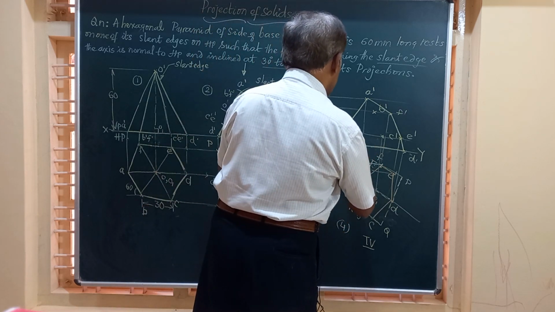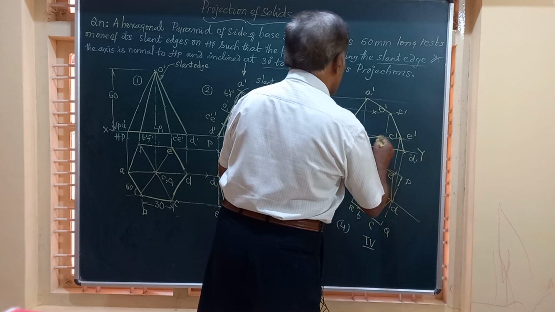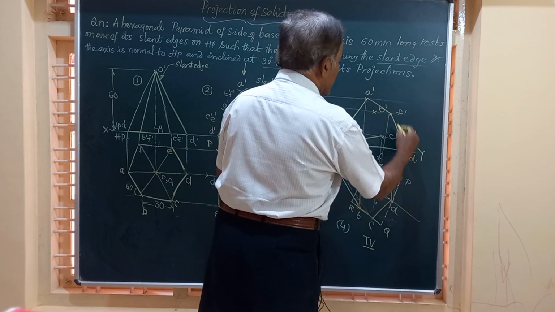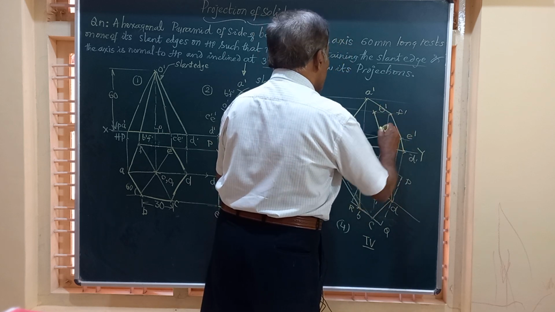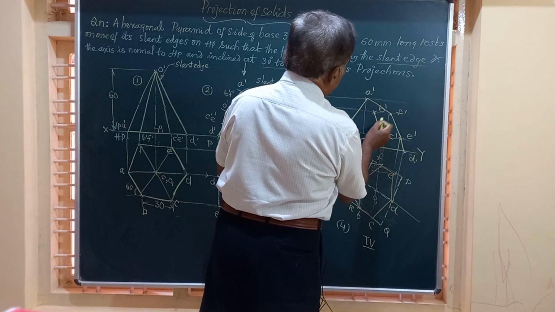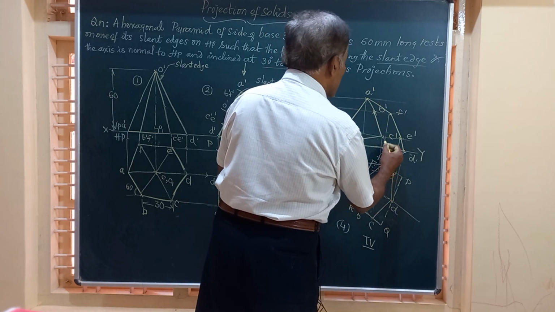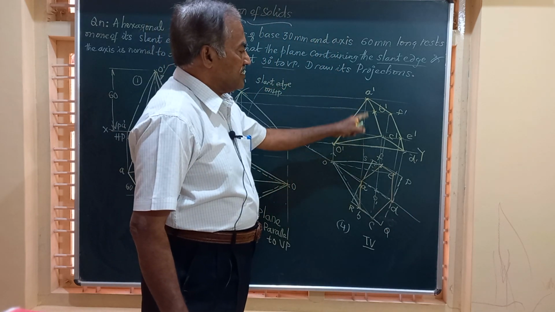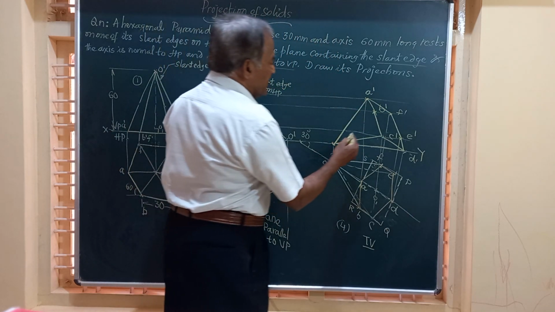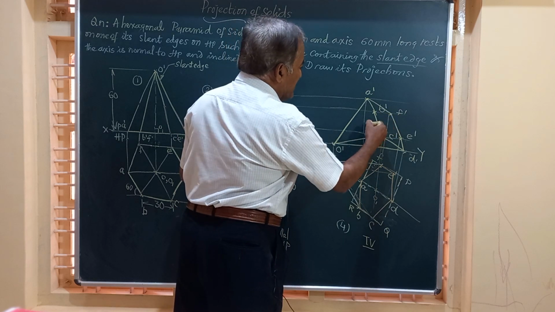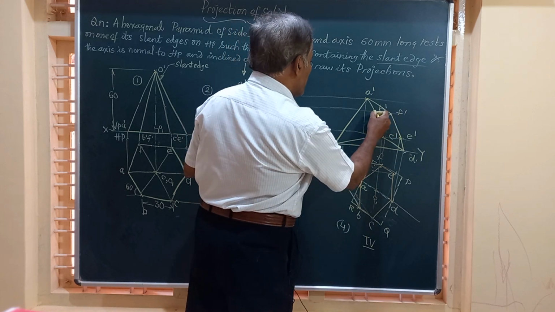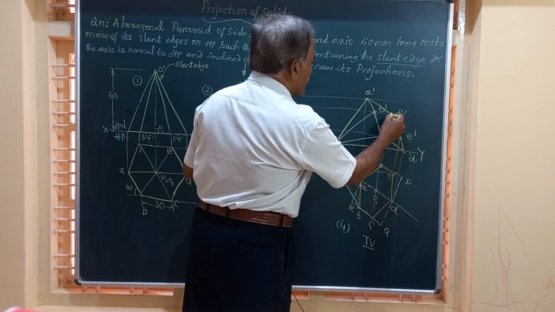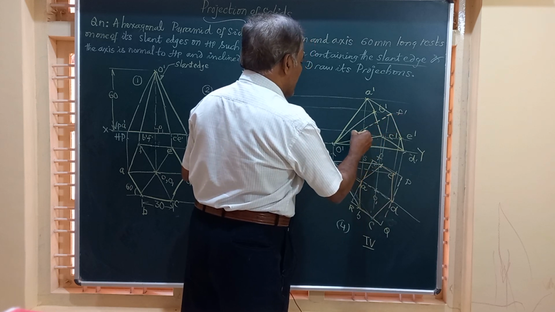So this is visible, and this distance is parallel to that, and then you are going to get this point here. We'll join this figure. Friends, you get this hexagon here, and these lines will be a full line, this is going to be a dotted line.